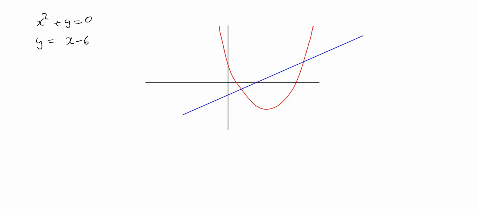A line may intersect a parabola in two positions, there and there, or it may not intersect it at all, like that, or it may touch the curve like that, and there may be one solution between the quadratic and the linear equations.